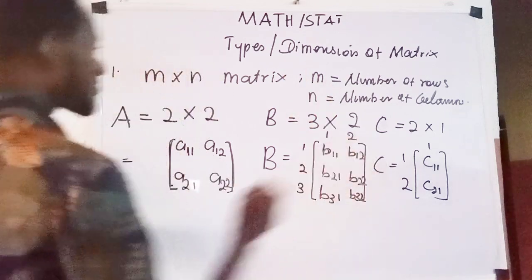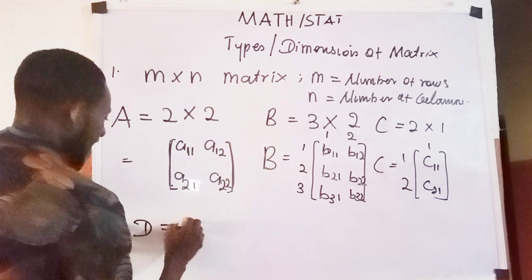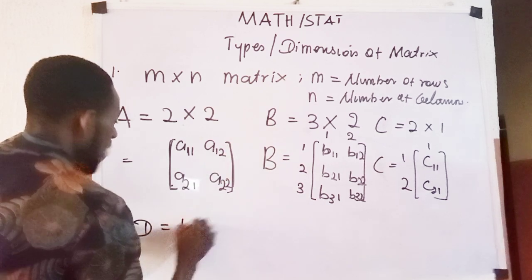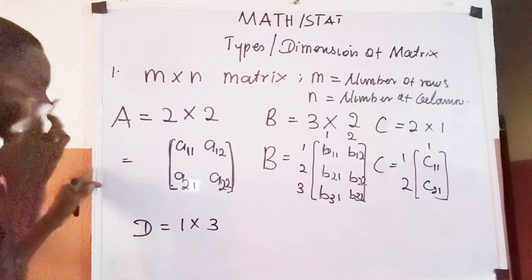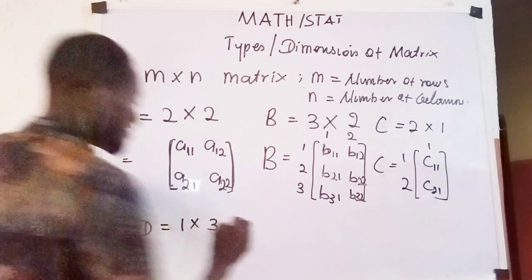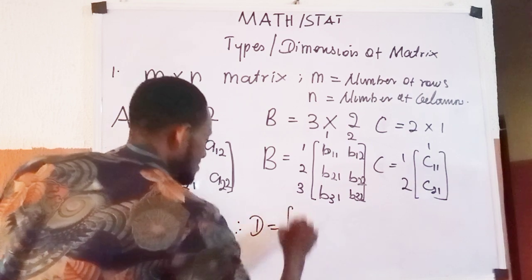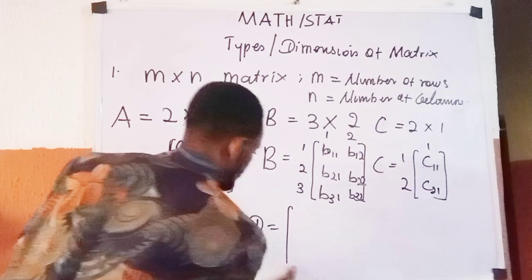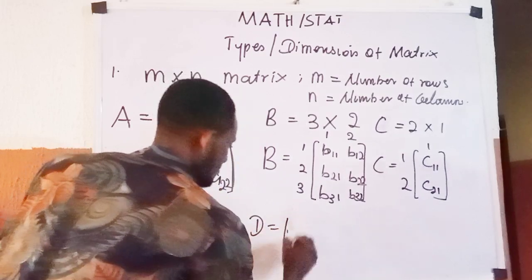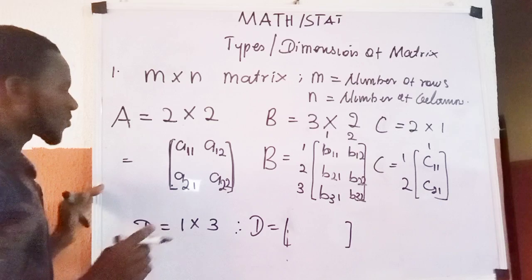But then when you have something like D, and that D is given as, let me say, 1 by 3, and you have to represent this D. It is now given as this. You ask yourself a question.